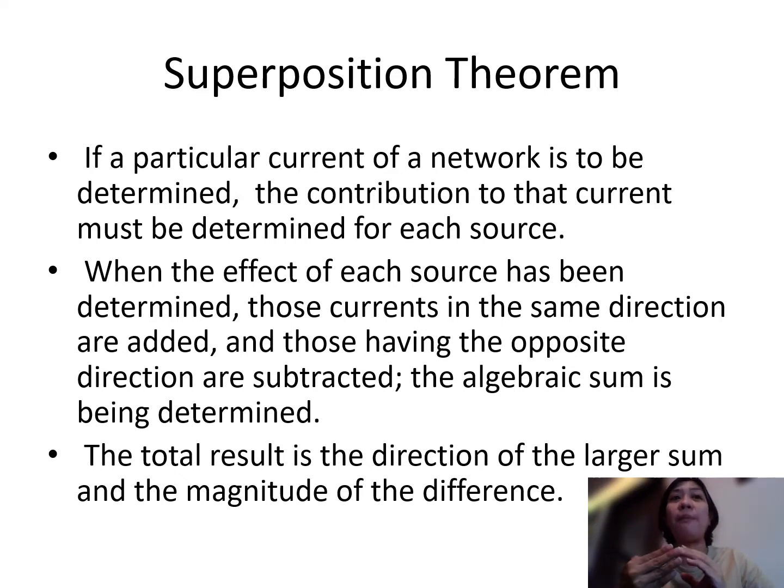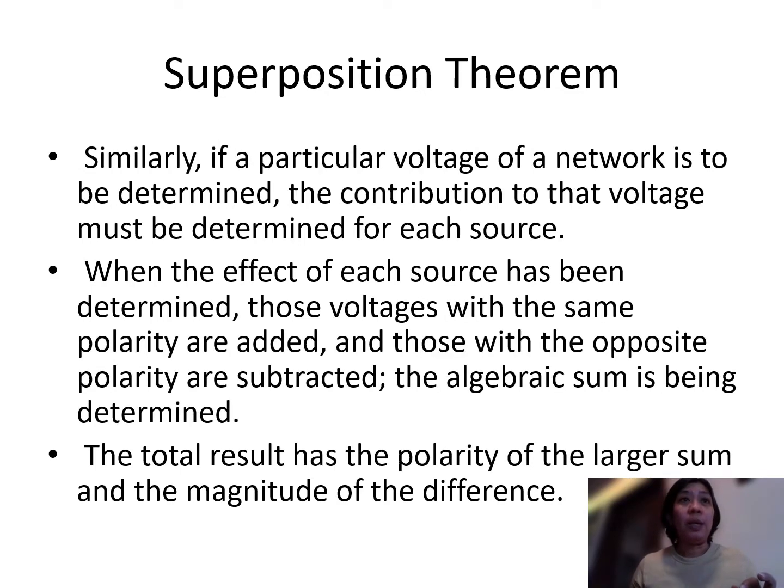So the algebraic sum is determined. The total result has the direction of the larger sum and the magnitude of the difference. Whichever is the highest value, we will follow the sign or polarity for that specific magnitude.